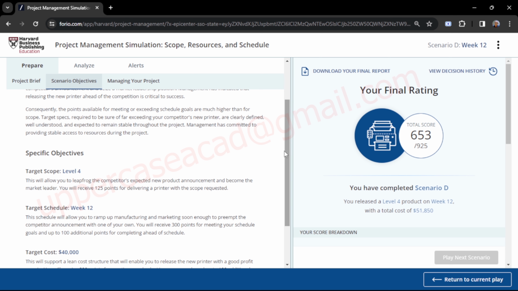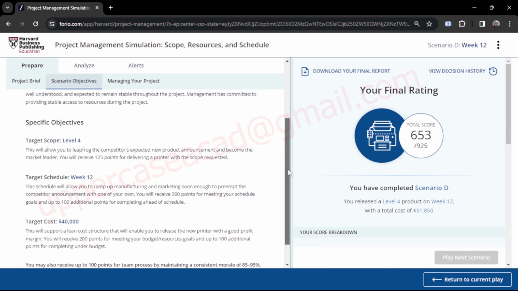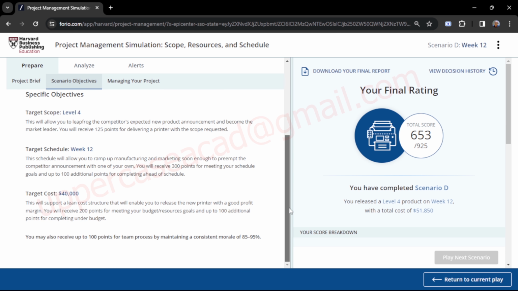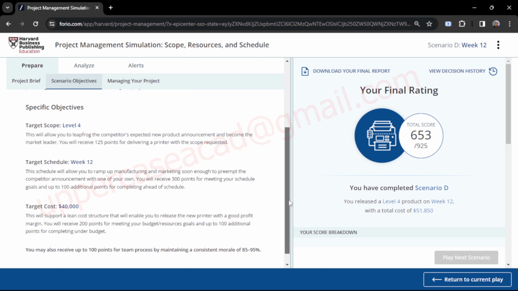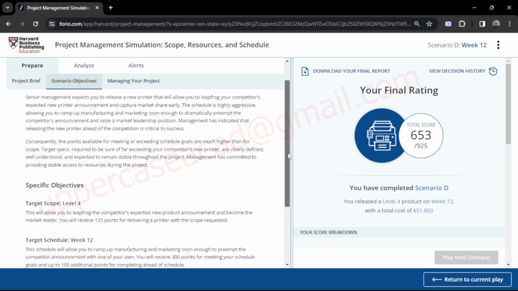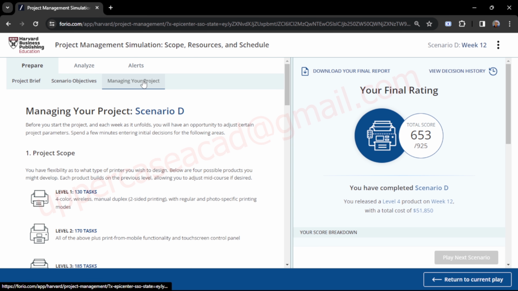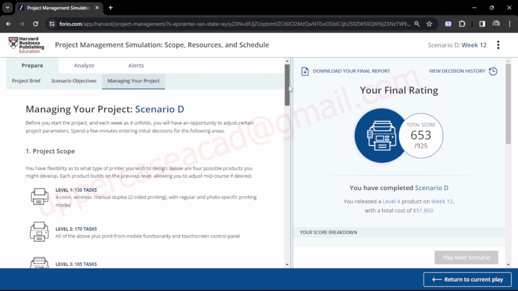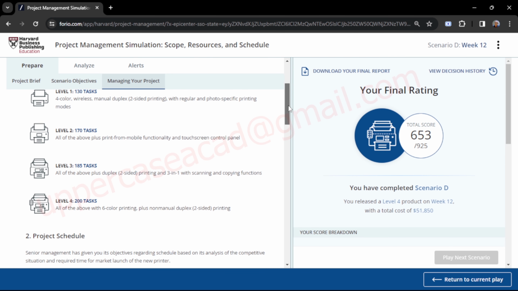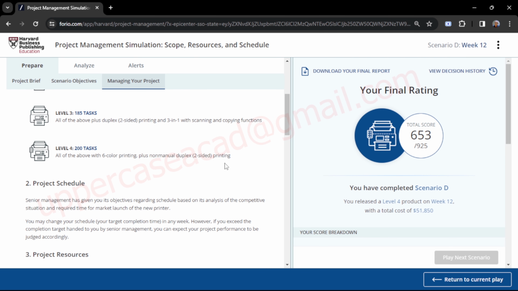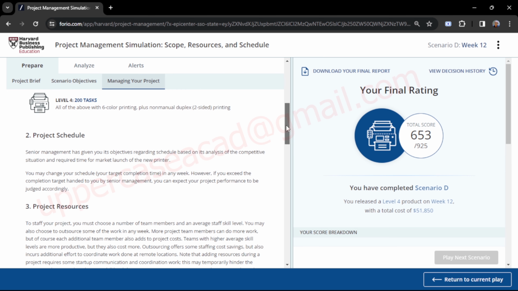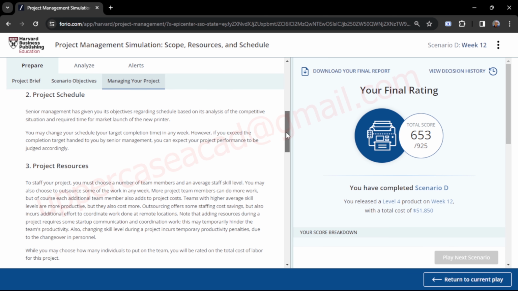My target schedule was to complete it within 12 weeks. My target budget was to complete the task with a budget of $40,000 or below. Managing my project, for level 4 I had to complete 200 tasks. My schedule was to be 12 weeks.